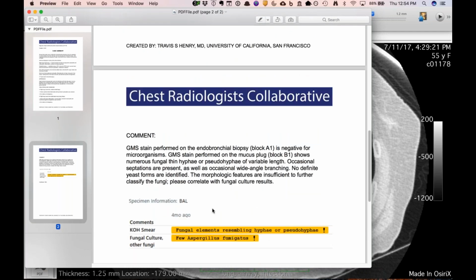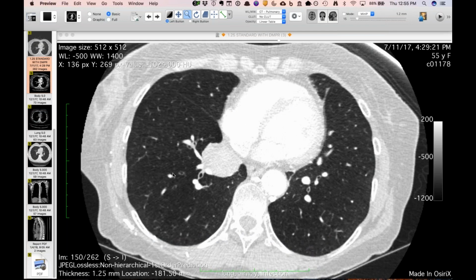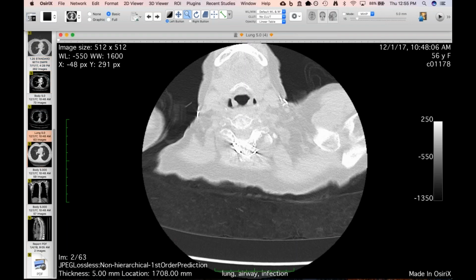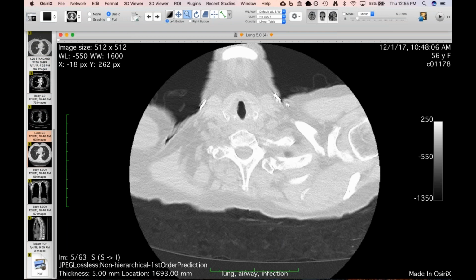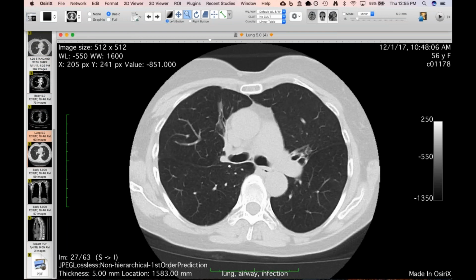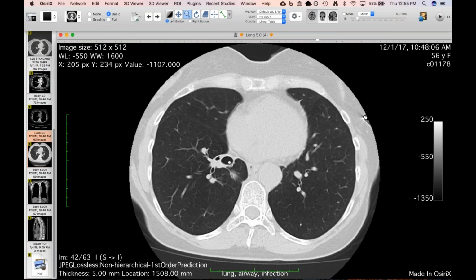What's interesting, she really didn't have much of a history of asthma. She did have just some chronic cough, and they did a follow-up CT elsewhere. She can't afford to come back to San Francisco, but she had been started on high-dose steroids, and you can see now that she's just left with areas of bronchiectasis, and most of these big casts of mucus and the high attenuation mucus is almost completely resolved.